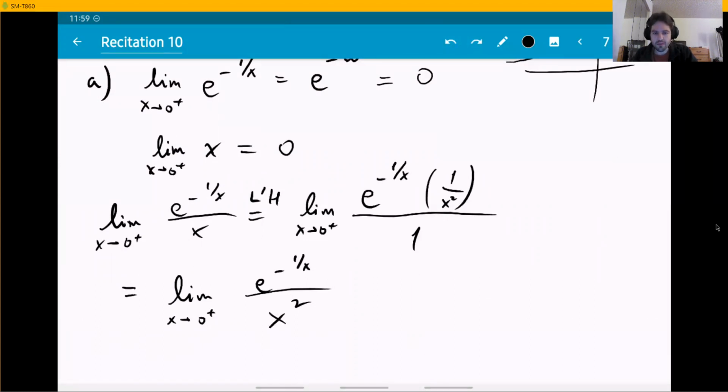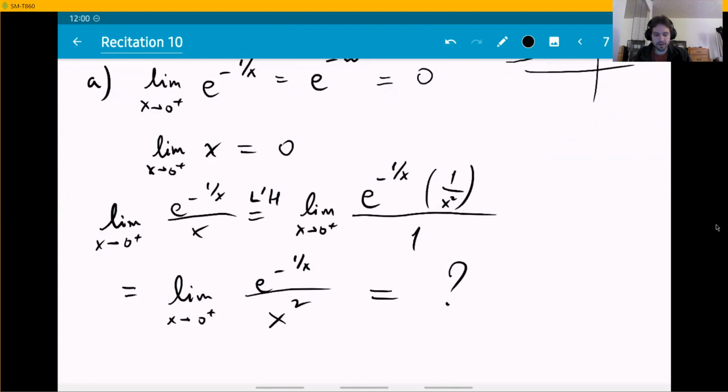That's what they meant in item A. This is not helpful. You could try to apply L'Hopital again, because this is again 0 over 0. But if you do that, you're going to see that you just keep getting larger and larger powers in the denominator. So we can answer item A right here. What is this limit? We don't know. By using L'Hopital, we don't get an answer here.